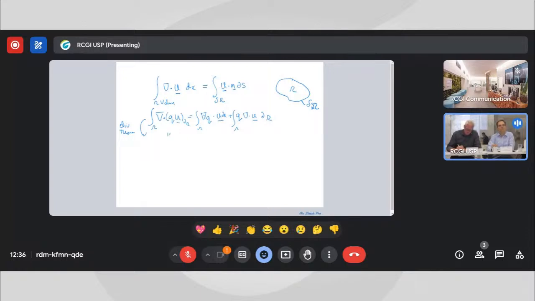This term here is equal to the integral over the surface now of q u hat dot n bar dS, and then I've got these other two terms, gradient of q dot u bar d omega, plus my q divergence of u hat d omega.